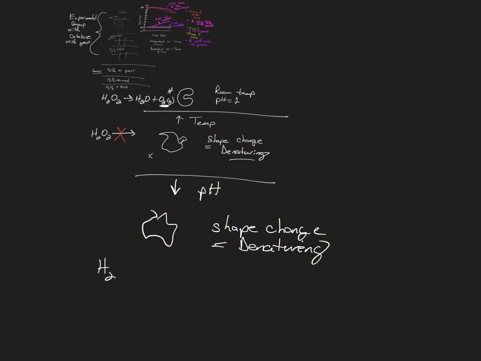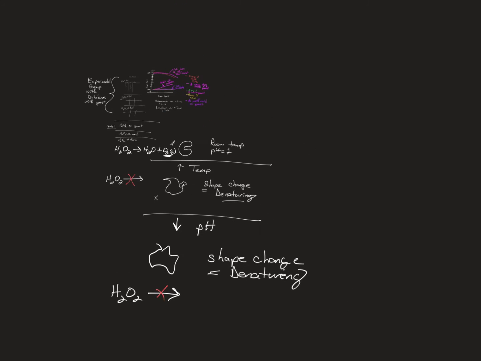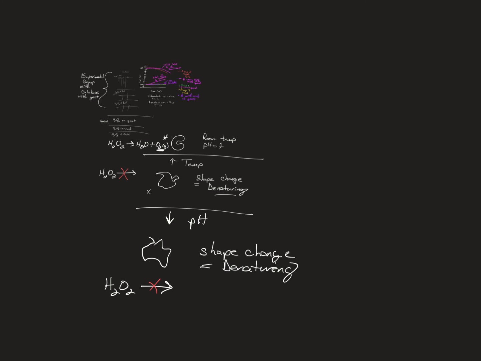So H2O2 does not turn into water and oxygen. It won't go. This doesn't happen. So that's what your lab writing should be similar to, with your own understanding of all these things we just talked about. Is that fair?